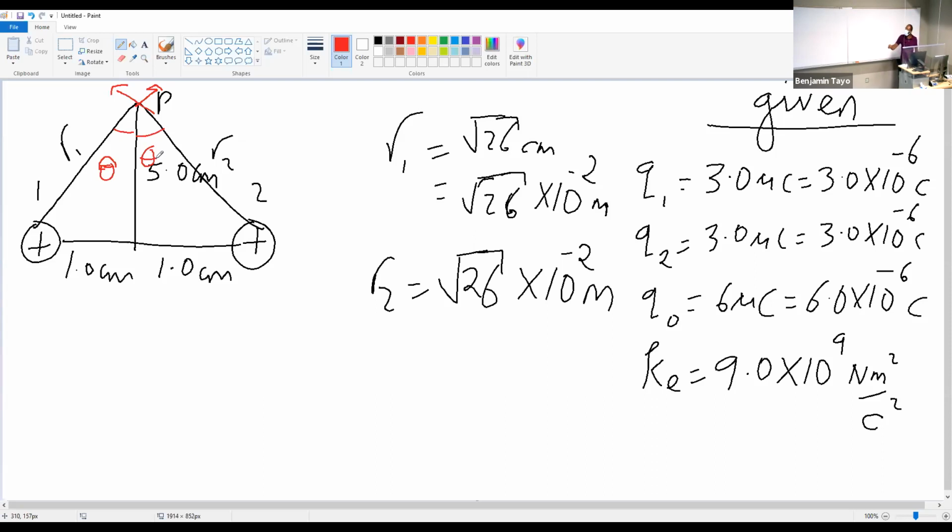Then this angle right there is also equal to theta. So when I write down my electric field, I should write it as, let's see. Let me get rid of this.